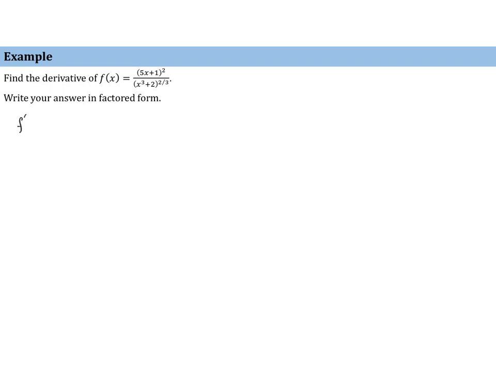We have f prime of x equals, now remember it's low d high minus high d low over the square of what's below. So we will start off with the denominator, x cubed plus 2 raised to the 2/3 times the derivative of the numerator minus the numerator times the derivative of the denominator.